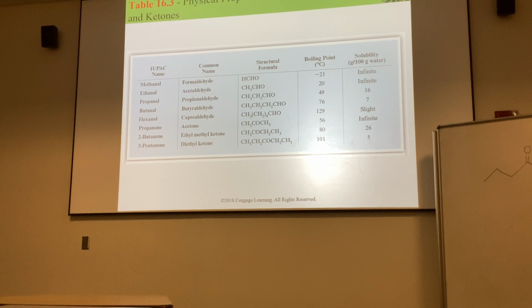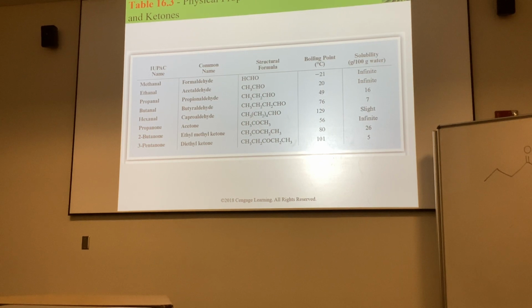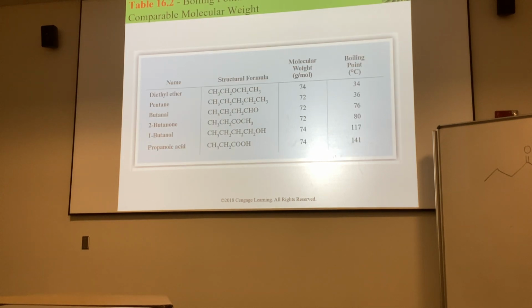So these are just trends. You don't have to know exact boiling points or anything like this, but you should be able to, if I give you those, I think, nice, easy multiple choice questions. If I choose some of these and just put them on there and ask, hey, which one's got the highest boiling point? You are going to be like, wait, how am I supposed to know that without being able to look that up?